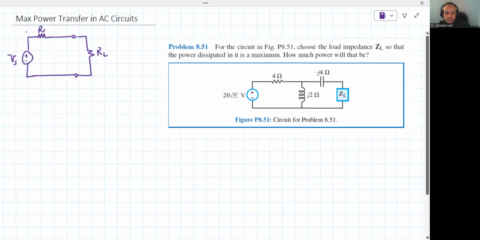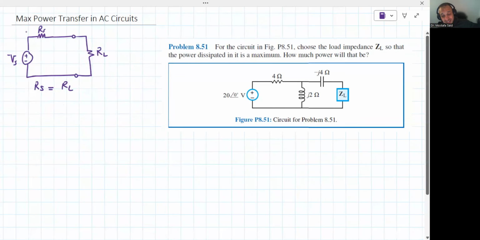In textbooks, it's not always that RL receives the maximum power from the source. At a certain condition, RL will receive this maximum power. Basically it will have the maximum efficiency at that time. And this condition is that RS must be equal to R load, or R load must be equal to RS, whatever. So that's the condition.